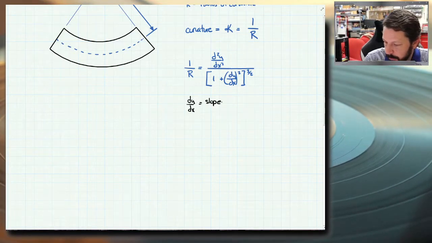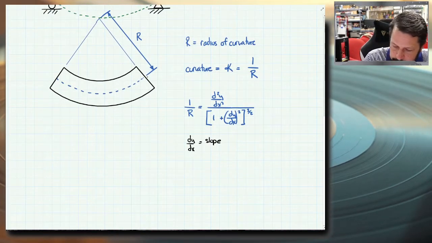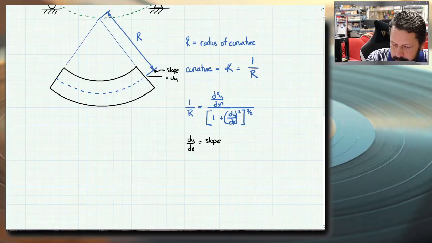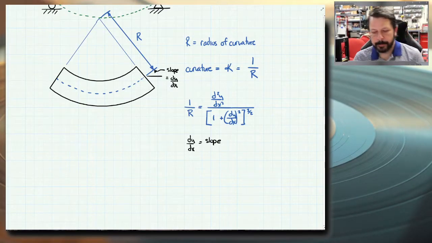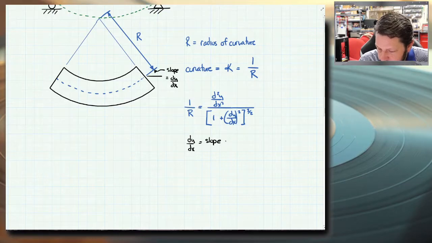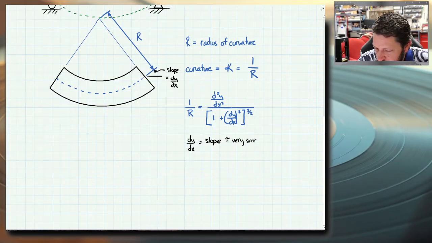So in our picture, it would be right here. The slope of that equals dy over dx. So if this beam really isn't bending that much, that's a very small number. So dy/dx is approximately very small in beams.